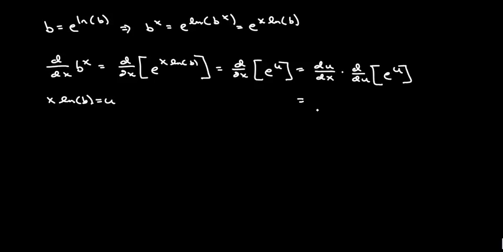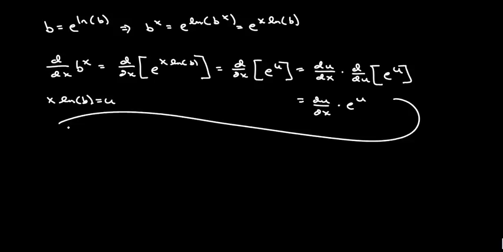Okay? So this gives us du dx times e to the u. But now let's shift it back over here. We'll get to du dx in a second. But u was equal to x natural log of b, so this is e to the x natural log of b, just like that.